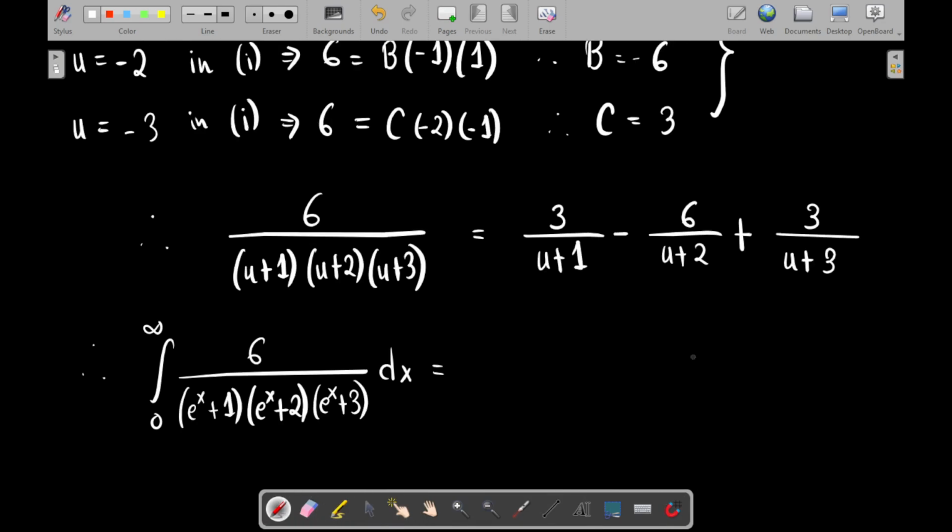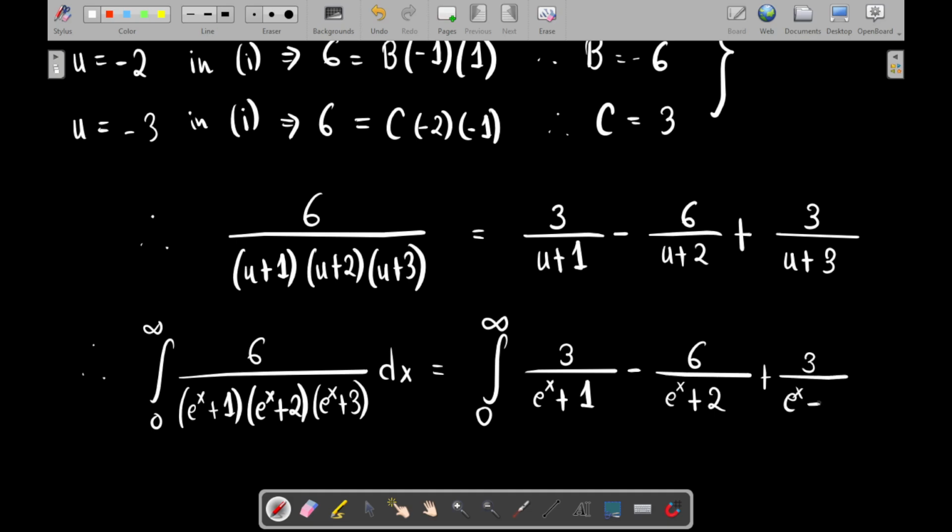So if we rewrite this integral in terms of x again, we will get the integration from 0 to infinity, and the limits won't change, right? Because we are again going back to x. So this will become 3 upon e to the power x plus 1 minus 6 upon e to the power x plus 2 plus 3 upon e to the power x plus 3, right? This is the entire integral.